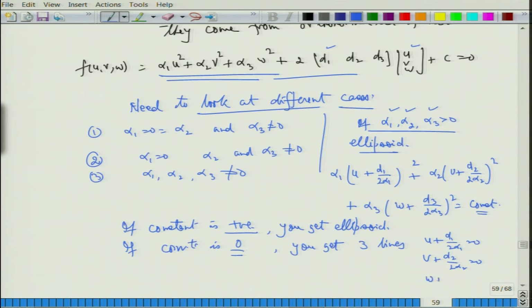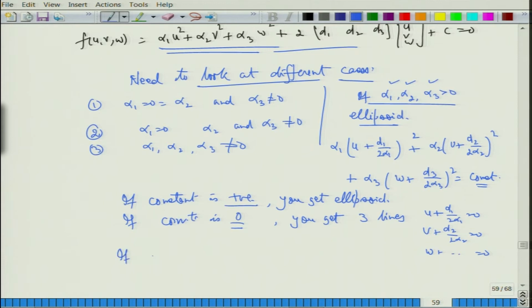The third one, write yourself, w plus something is 0, you will get it. If the constant is negative, no solution. Fine. Because I will assume that alpha 1, alpha 2, alpha 3 are positive, or you can just say that alpha 1, alpha 2, alpha 3 are of the same sign, and then relate the two ideas directly yourself.